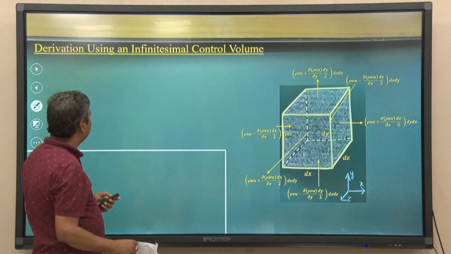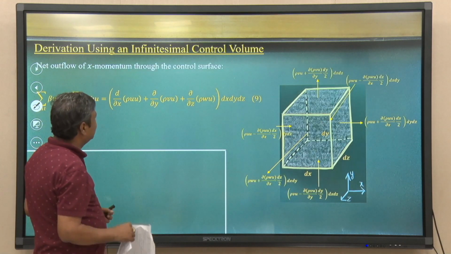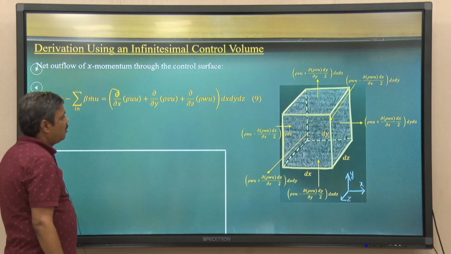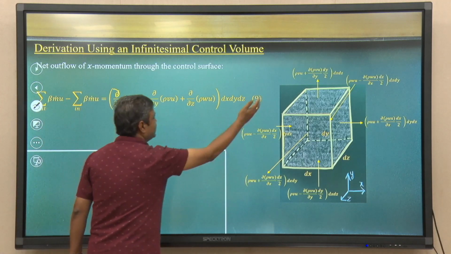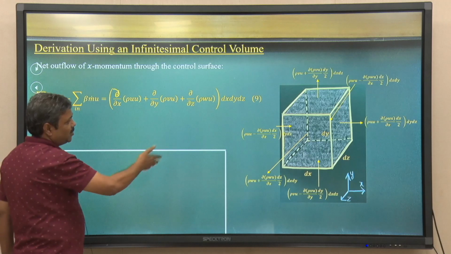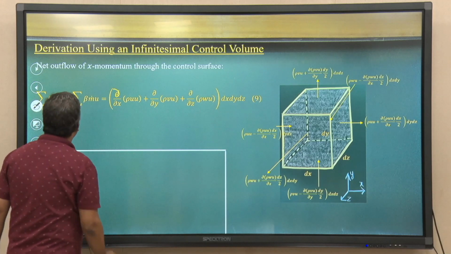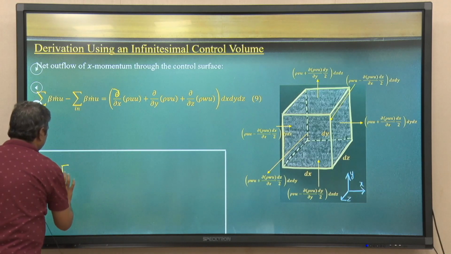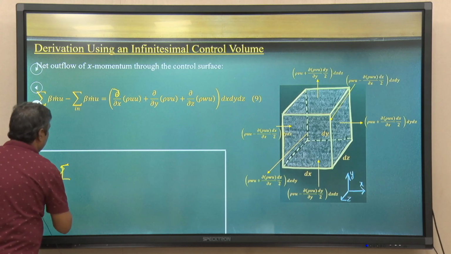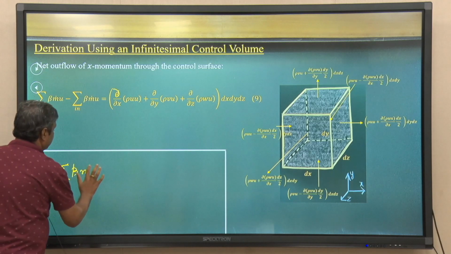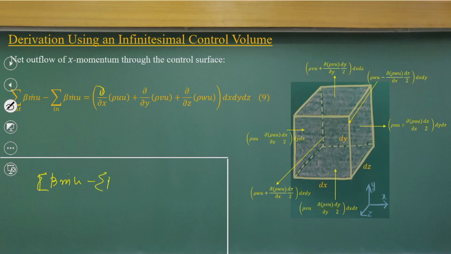Now, as I derive these things, we get the components as I was just deriving for the x direction. In the same way, you can do it for the v mass flux in the y direction and the z direction. The sum of the surface momentum flux components is defined as outflow and inflow, the same concept.